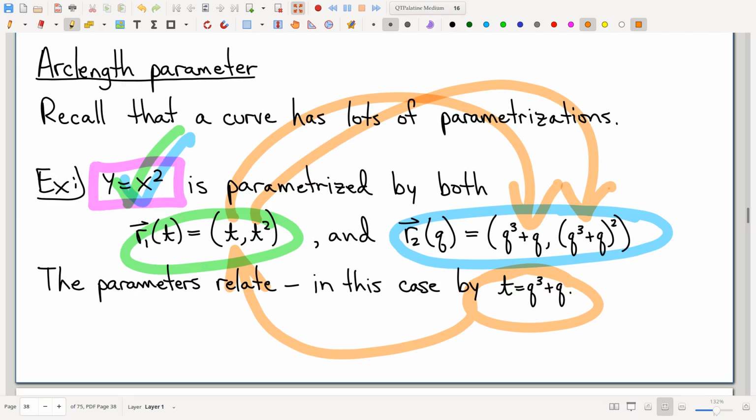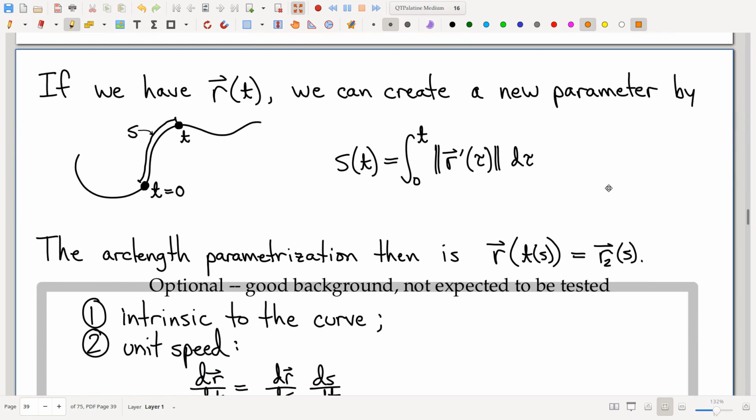New parameterization, right? So algebraically, it's pretty straightforward. If you plug in for your old parameter, you get a new parameterization in terms of a new parameter. So, no big. The trick, the clever move, is when you do that with arc length.